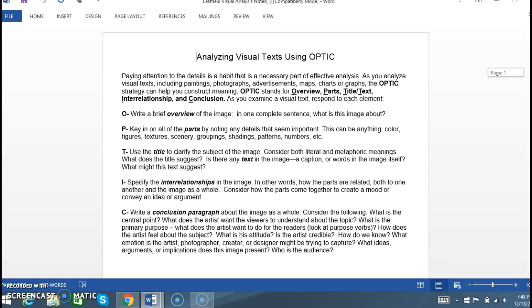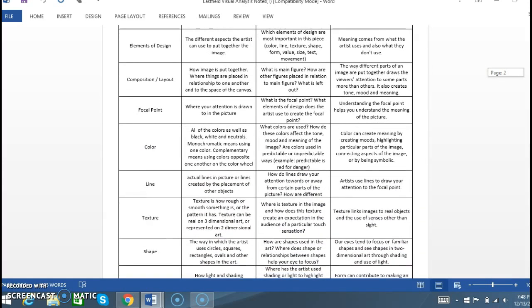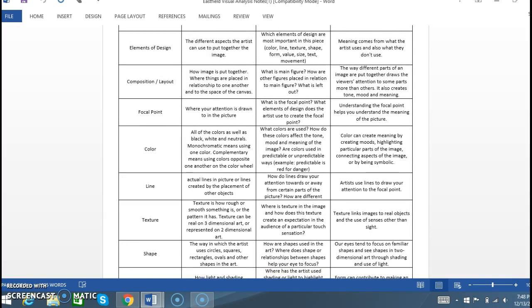Now, if you scroll down on this document, you will find some terms that you need to know or understand. The main terms are focal point. Again, where does your eye go first? That's the best starting place for analysis. Here are some questions that you can try to answer.